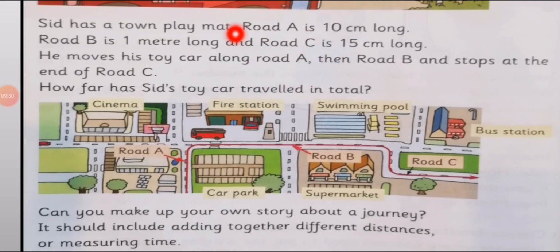Road A is 10 centimeters, road B is 1 meter, and road C is 15 centimeters. Have you observed that road A and road C are in centimeters, but road B is in meters? So to solve this question, we can convert 1 meter into centimeters. In that way, we can get all lengths in centimeters and calculate them easily.